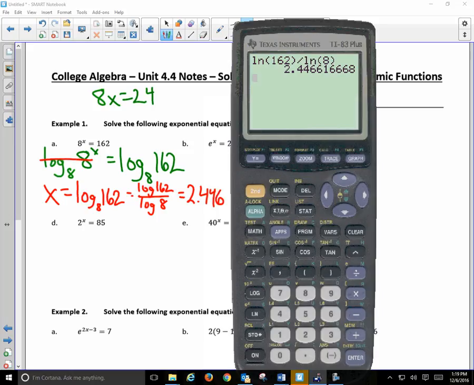If you would like to leave it as 2.446 or 2.447, the choice is yours. On the AP exam, they'll either allow you to round to the nearest thousandth, or they will allow you to truncate, which means round down.